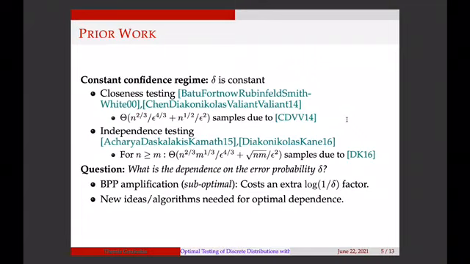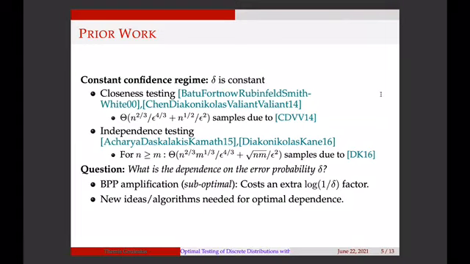And speaking of the error probability, up until very recently, the entire literature in this area was focused on proving upper and lower bounds in the constant confidence regime, that is, when the error probability is constant, usually 1/3, but it doesn't really matter.